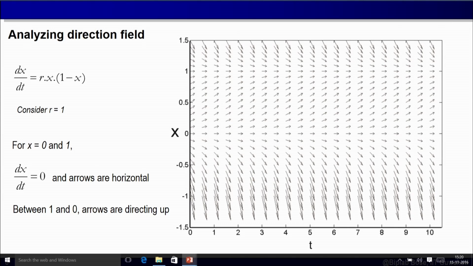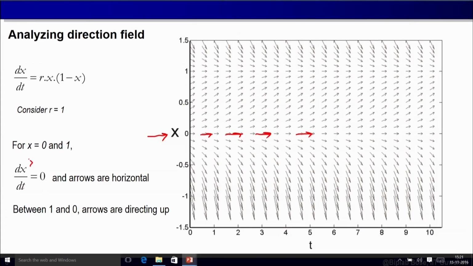Let us explore this direction field a bit more. Notice that when x equal to 0, your arrows are all horizontal. Horizontal arrows are coming because the slope at those positions is equal to 0. That means dx dt is equal to 0 at those positions.